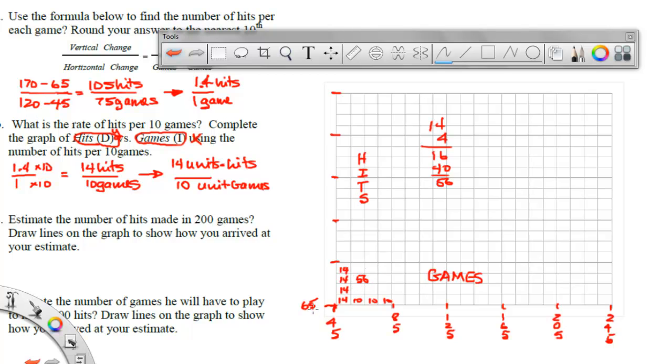Well, if you take 65, you add 56 to it, you get 121. Add another 56 to it, you get 177. Add another 56, and you just keep going up. Now I get 233. The next one would be 289. And then the last one would be 345.